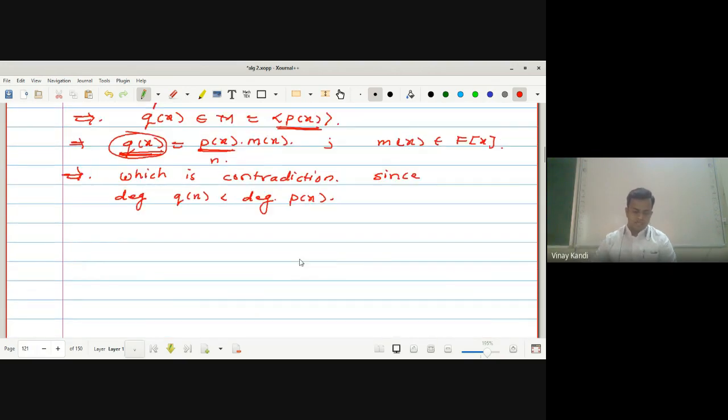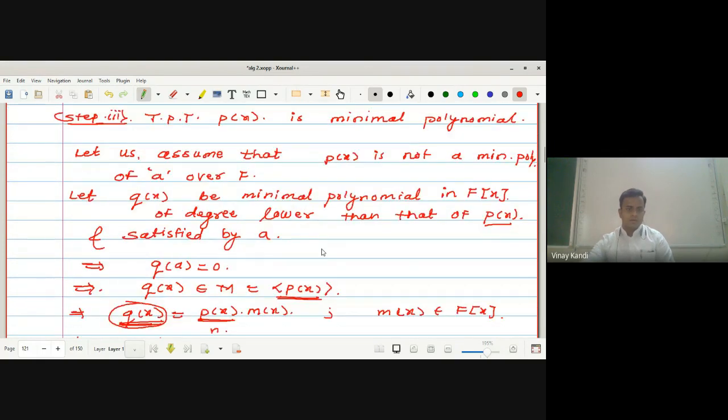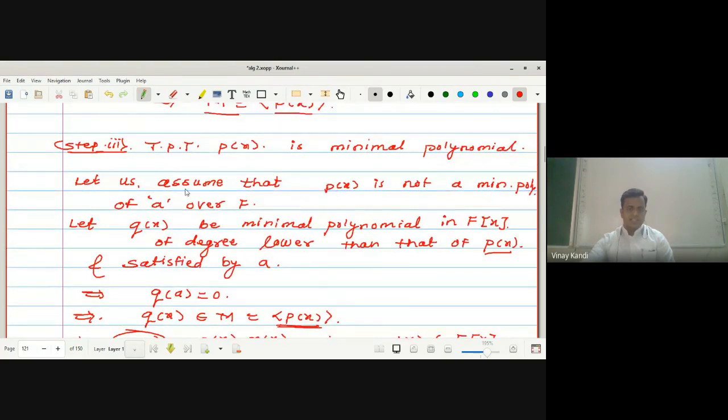Hence, our assumption is wrong. What is our assumption? This one: let us assume that P of x is not a minimal polynomial of a over F. This one is wrong.